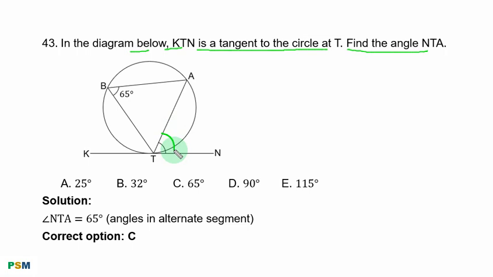This angle NTA is between the chord AT and the tangent KTN, and as such it is equal to the angle in the alternate segment. Therefore, angle NTA is equal to 65 degrees. The correct option is C.